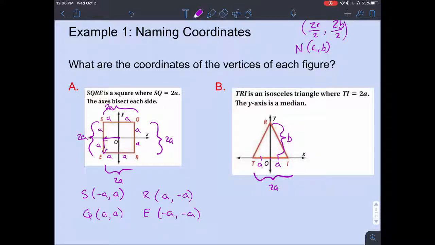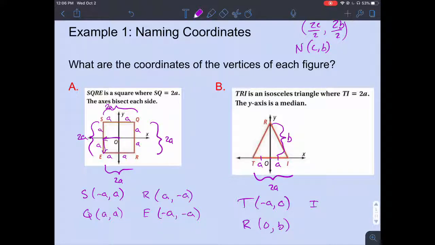So let's name all three of these vertices. We'll have T, we'll have R, and then we'll finish with I. So T is going to be A units to the left, which means we're going negative A. And we're going to be on the x-axis, which means that should have a coordinate of 0. For R, we're going left to right 0 since it's on the y-axis. And we're going to go up B units.